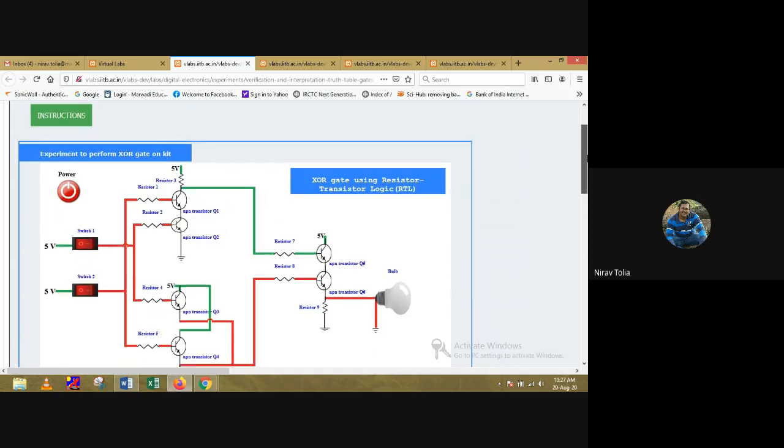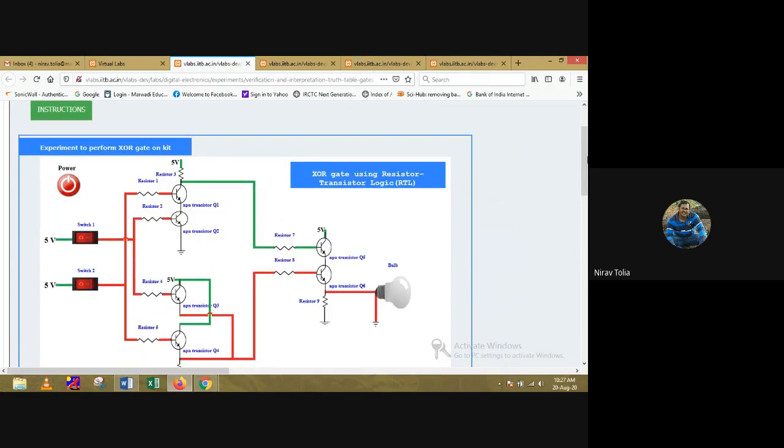Which gate are we making? We are making an exclusive OR gate. What is the truth table of the exclusive OR gate? 000 and 110. If both the inputs of the exclusive OR gate are in the same state, then the output will be 0. So 000 and 110. Here my switch 1 and switch 2 are both 0, that's why my output is 0.